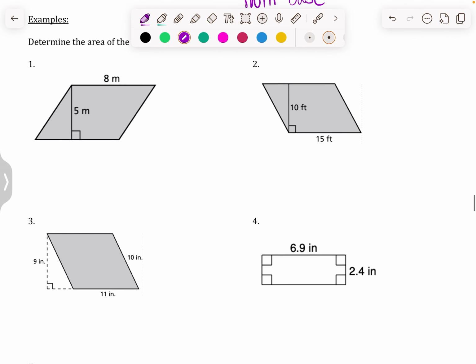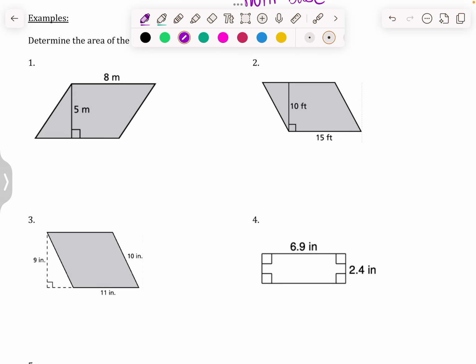So we got a parallelogram here, and area is going to be base times height. Opposite sides are congruent, so if the top is 8, this is also 8, and so you're going to have a base of 8 times a height of 5, which is 40, and then it is meter times meter, which ends up being square meters.